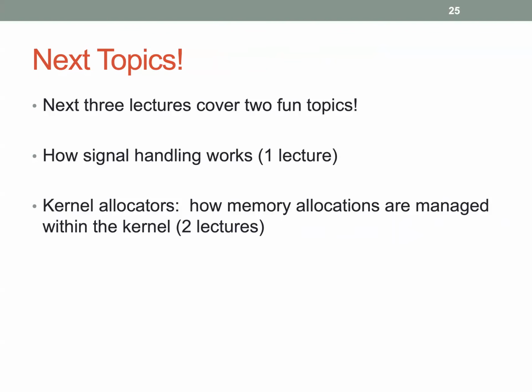And then kernel allocators will be the two lectures subsequent to that. If you think about it, modern kernels really need to manage memory, even though we have all kinds of clever things like intrusive linked lists, blah, blah, blah. So we'll go through the various historical approaches to kernel memory management and their strengths and weaknesses.